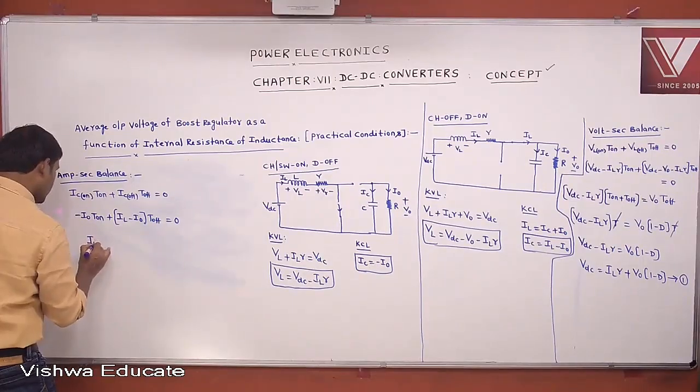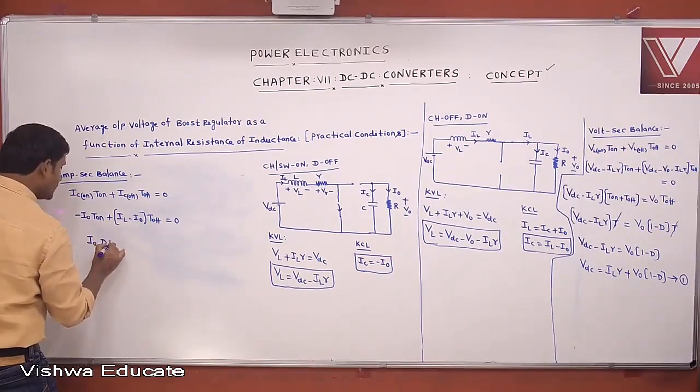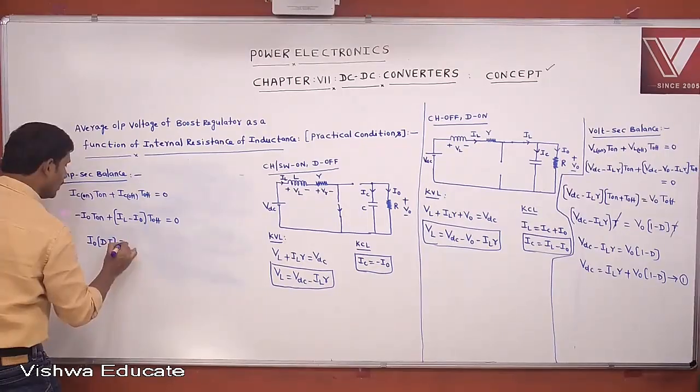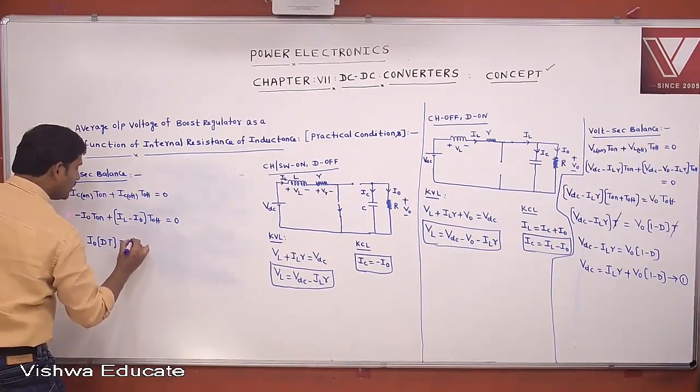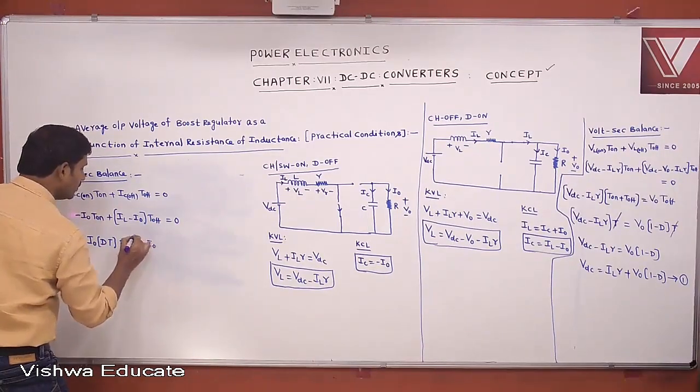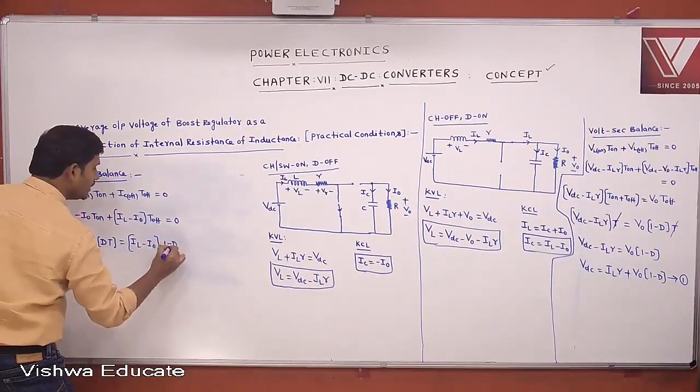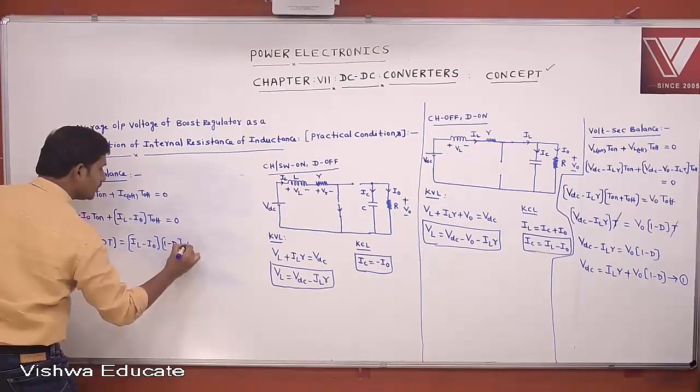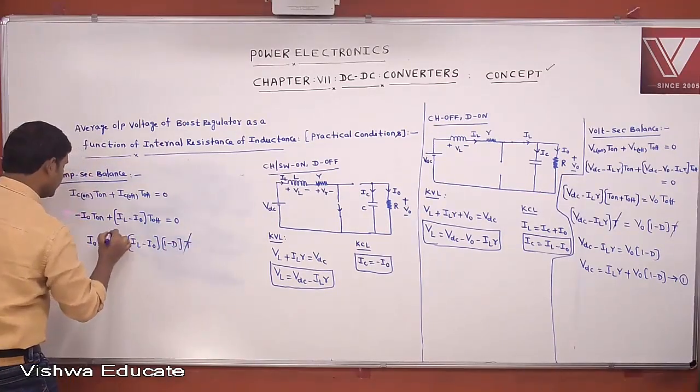I naught into T on is DT, is equal to IL minus I naught into T off, which is 1 minus D into T. T cancels.